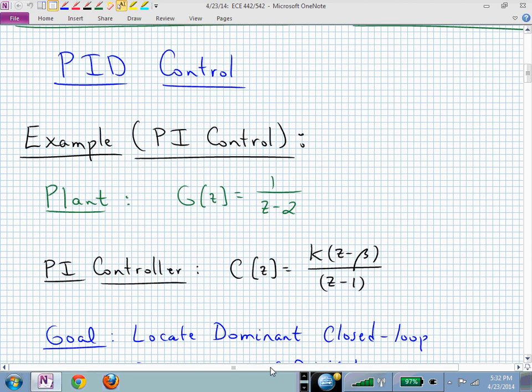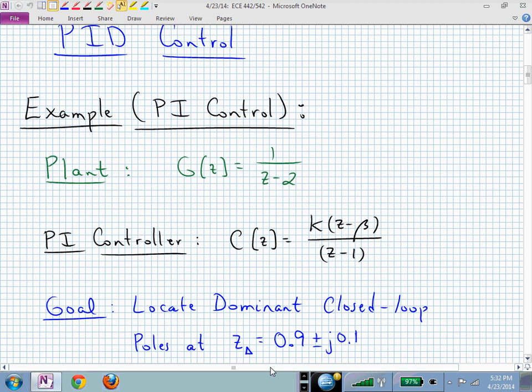I'm going to just remind ourselves of what we had last time with PID so that we're all on the same page. PID control, we looked at an example where we just used the first two, P and I, proportional and integral. The integral is for steady state accuracy. That gives us a type 1 system when we combine the controller C with the plant G. That type 1 system says that we have zero error due to a constant input.